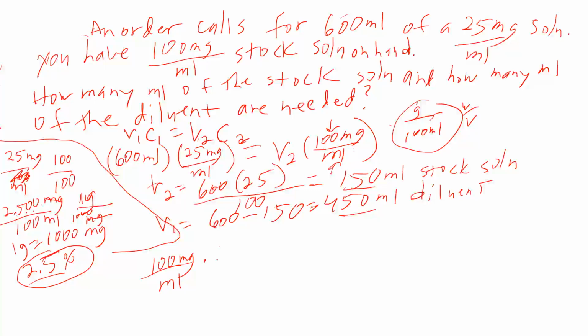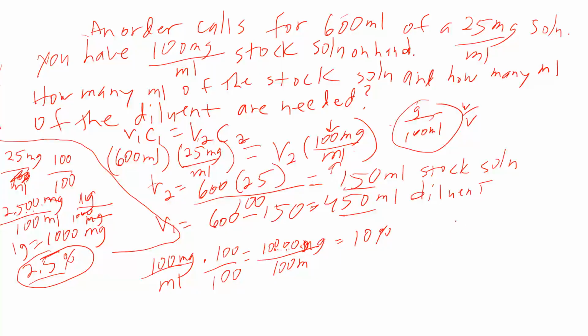If I multiply by 100, top and bottom, that would be milligrams per 100 mils. And so that would be 10%, right? Because you move the decimal point 3 places over. So it's 10%.